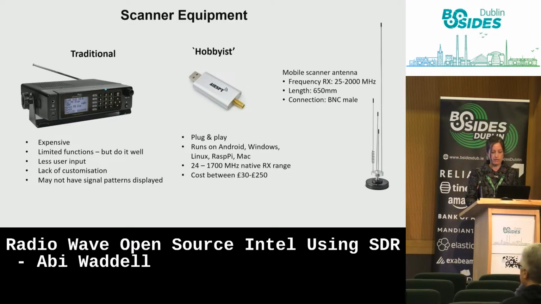So this gives a brief spec of the AirSpy and a typical antenna. Most such SDR equipment comes to between £30 and £250, depending on what you want to use it for and how reliable you need it to be. Sorry, I said that in pounds and not euros, but yeah, get the idea.